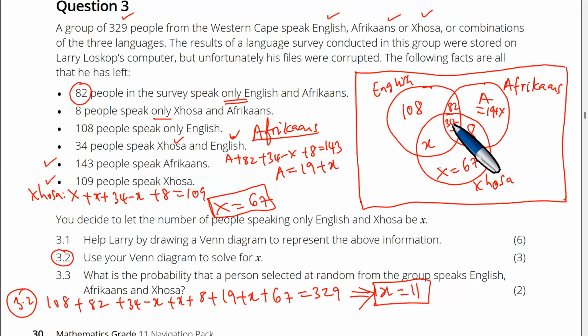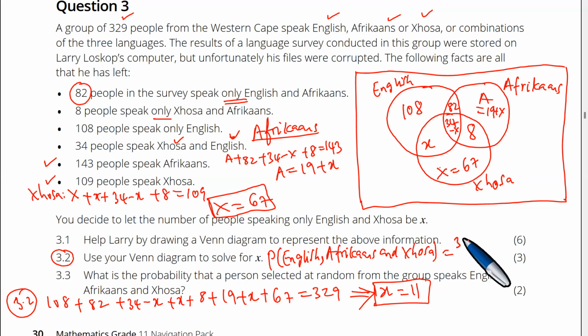It's going to be the probability of the person speaking English, Afrikaans, and Xhosa. All three, that will be here.